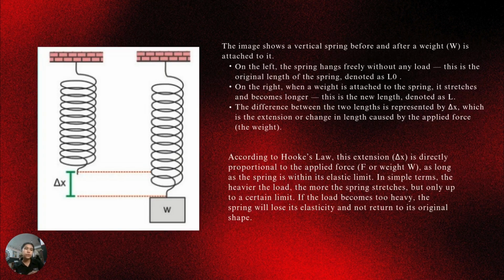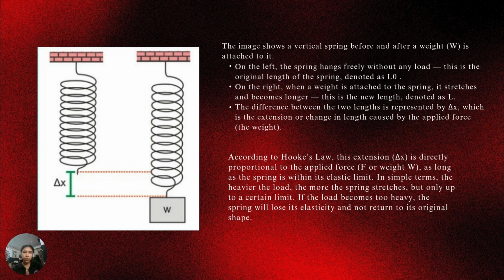Okay, next we will talk about the image on your screen. The image shows a vertical spring before and after a weight is attached to it. On the left, the spring hangs freely without any load. This is the original length of the spring, denoted as L0.